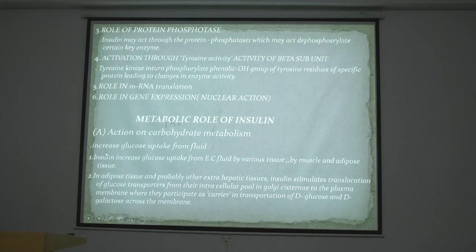Action on carbohydrate metabolism: increased glucose uptake from food. Insulin increases glucose uptake from extracellular fluid by various tissues, by muscles and adipose tissues. So why is it called hypoglycemic? It takes the glucose from the blood, so ultimately it reduces the glucose from the normal level.